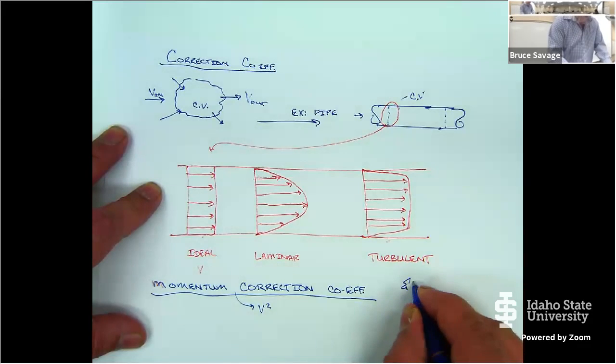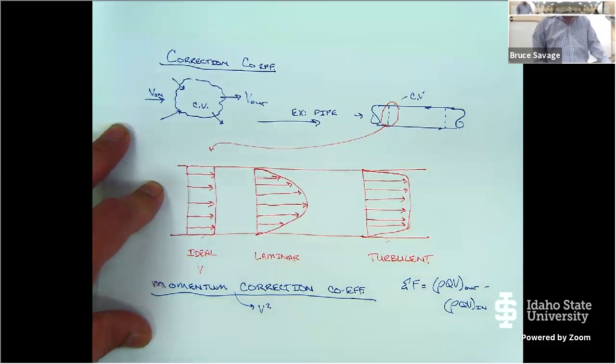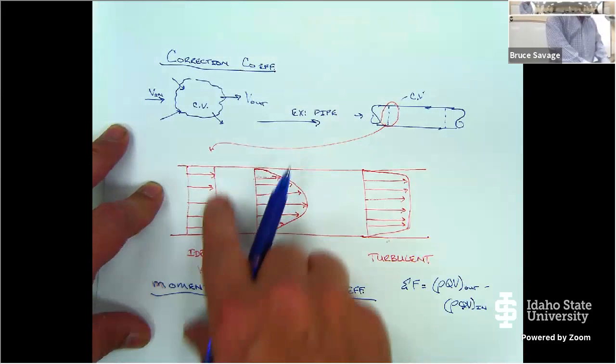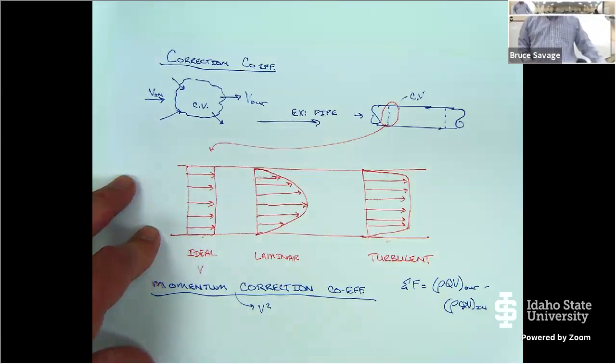We said the sum of the forces is equal to rho Q V out minus rho Q V in, right? So V is velocity, and then Q is a function of velocity. So momentum is really a function of velocity squared. So we just have to account for how we adjust for this velocity being squared when we're trying to calculate momentum, okay?